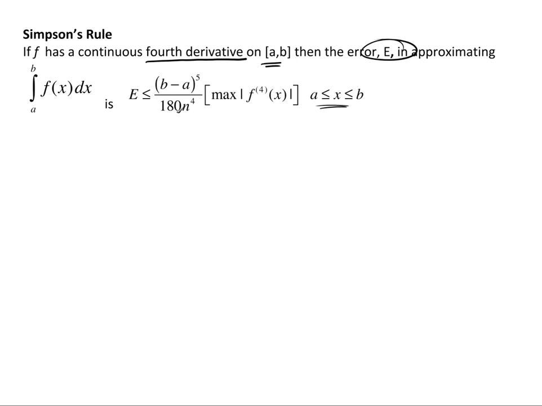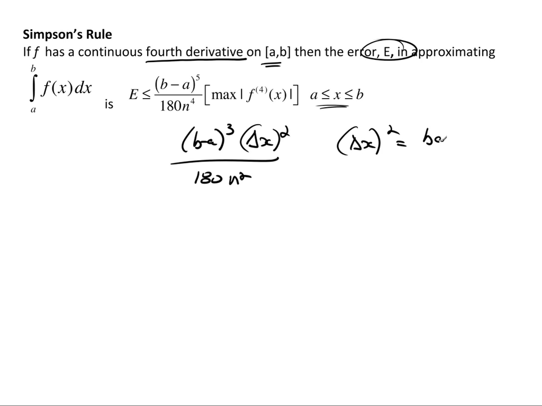And again, there's all kinds of ways I could write this. If I really want to fit in a delta x, I could say, how about a delta x squared? That sounds good. If I put in a delta x squared, then what's going to end up being left is (b minus a) cubed. I'm still going to have 180, but then I'm going to have an n squared, because delta x squared is going to be (b minus a) squared over n squared.